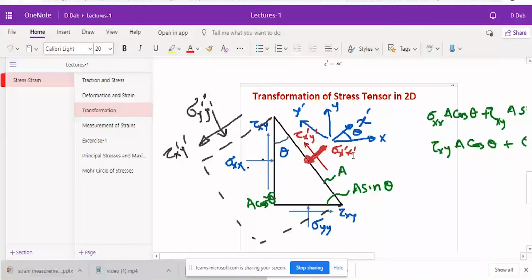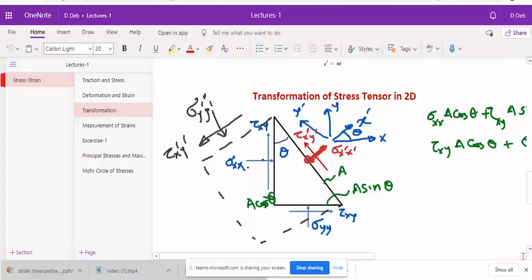So if I assume this area is A, then this becomes A sine theta and this one will be A cos theta. If this is the length A, then it is A sine theta, A cos theta. And when we get this, we can write two equations. One is in the x directional force.